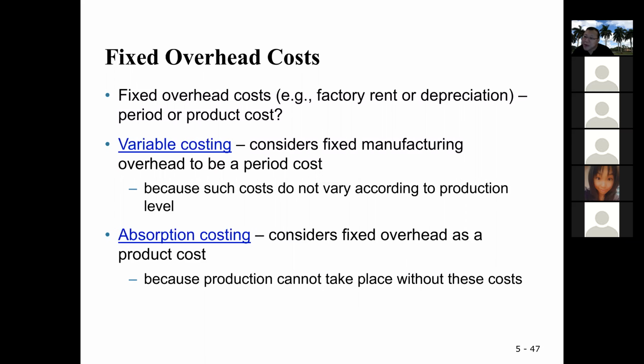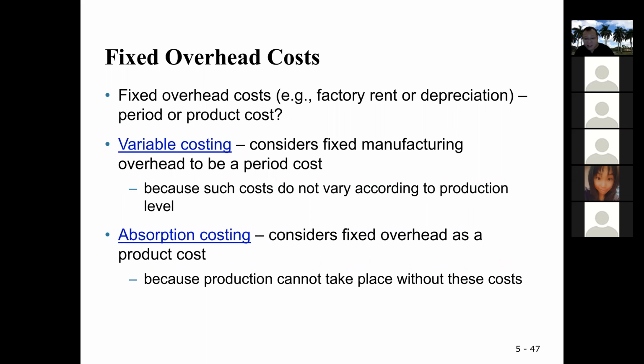So in that case, we have two different costing systems, variable costing versus absorption costing. Under variable costing, the fixed overhead cost is considered a period cost, so that runs through the income statement.